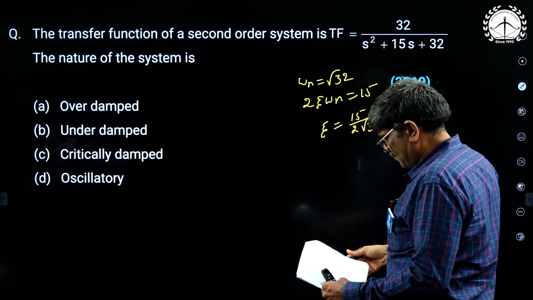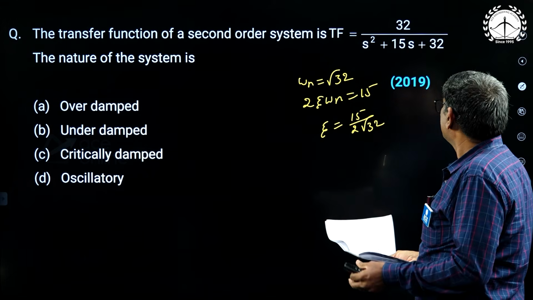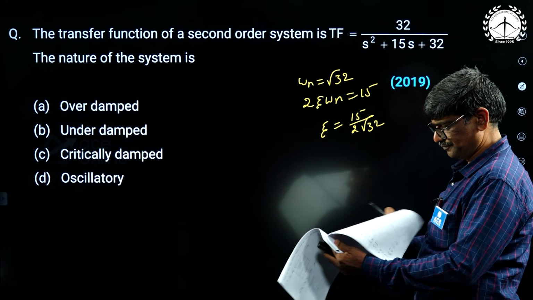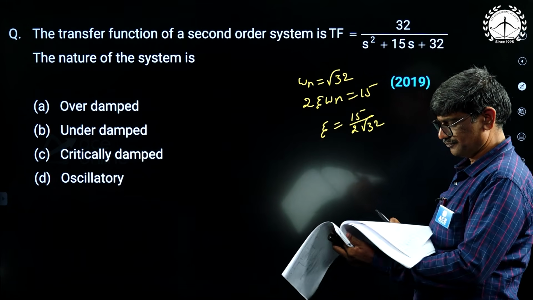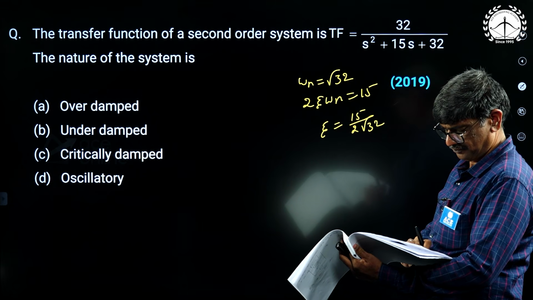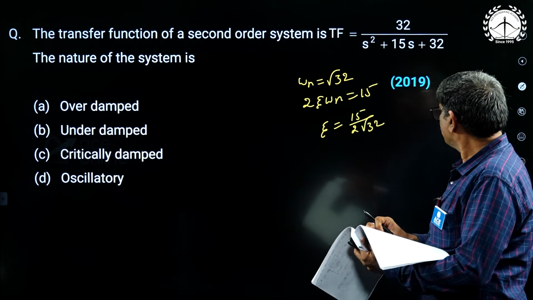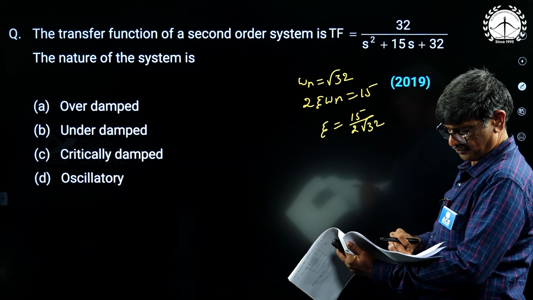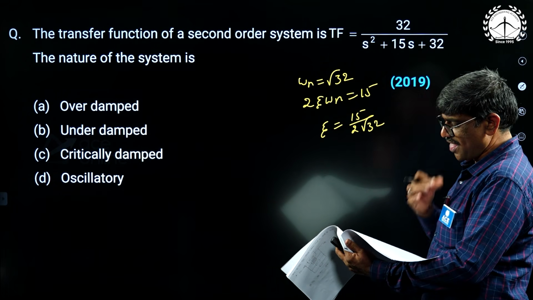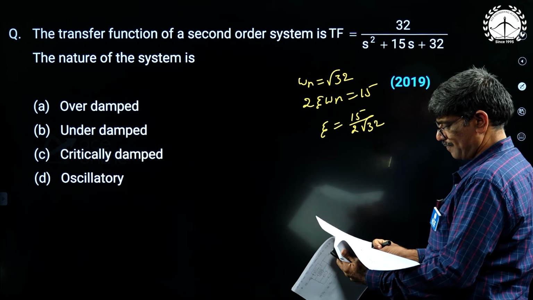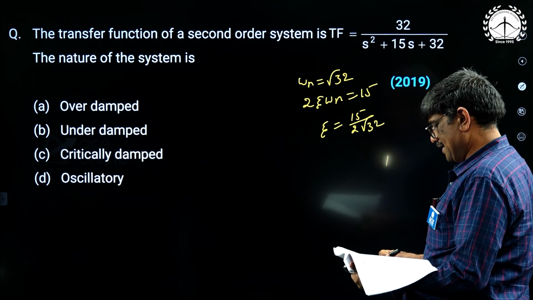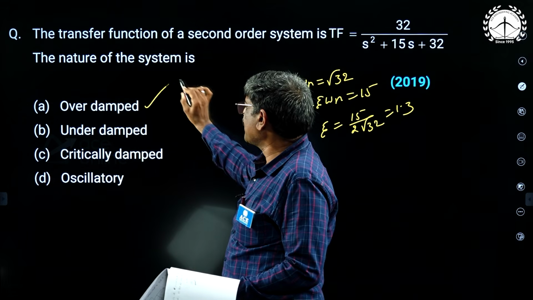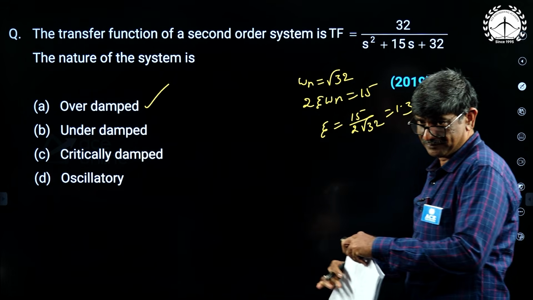If you calculate it, you have to find whether it is greater than 1 or less than 1. You will get 1.3, which means it is an overdamped system.